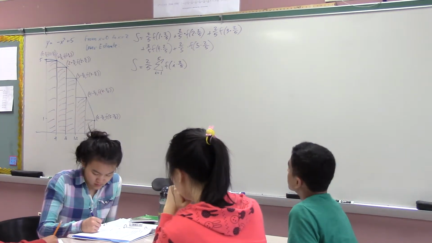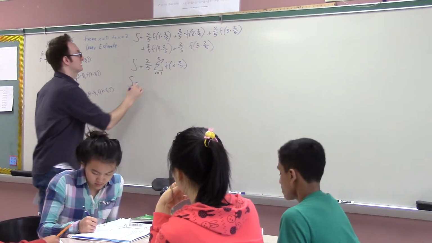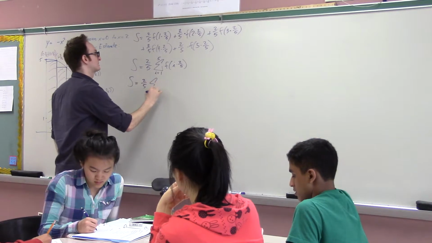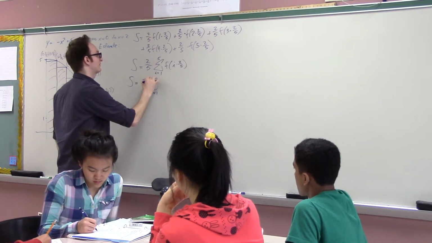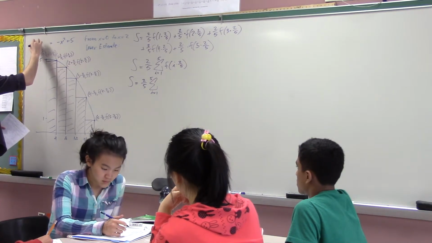All right, good. So now we just keep going. So this is 2/5 times the sum from I equals 1 to 5. Well, what is the actual function in this case? It's this, right?